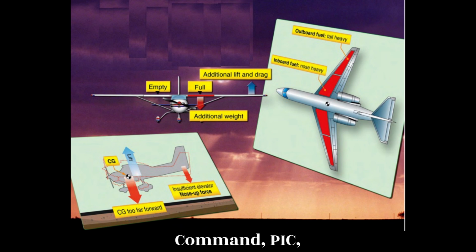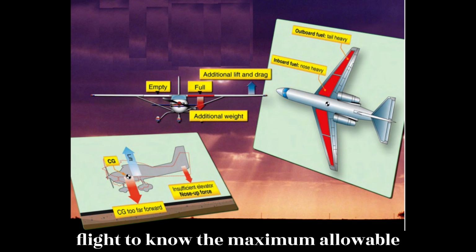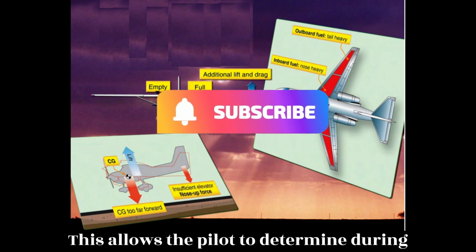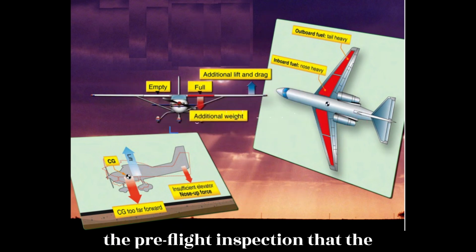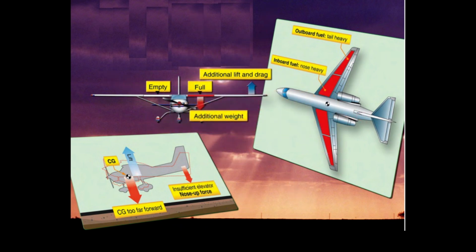The pilot in command, PIC, has the responsibility prior to every flight to know the maximum allowable weight of the aircraft and its CG limits. This allows the pilot to determine during the pre-flight inspection that the aircraft is loaded so that the CG is within the allowable limits.